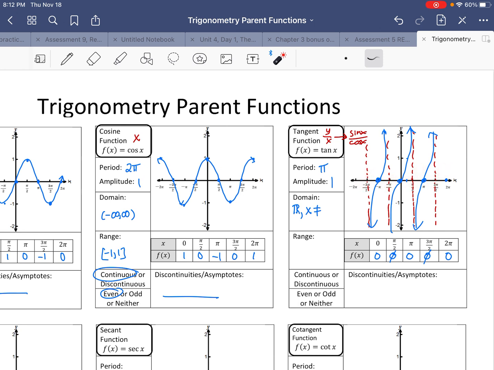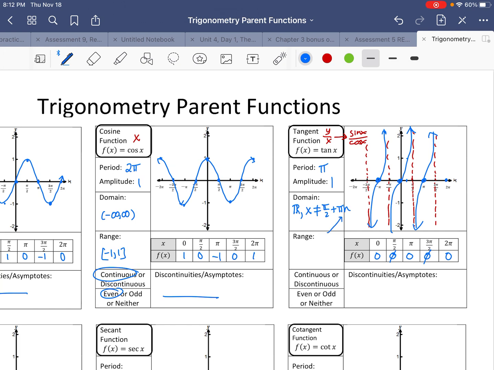So I'm going to say that the first thing I know is x cannot be pi over 2 plus, now what we're going to say here, how you do this is you say pi over 2, so this spot right here, plus every distance of pi after that. So we're going to say pi over 2 plus every distance and minus every distance of pi. So how you say that in math is you say pi over 2 plus pi n.